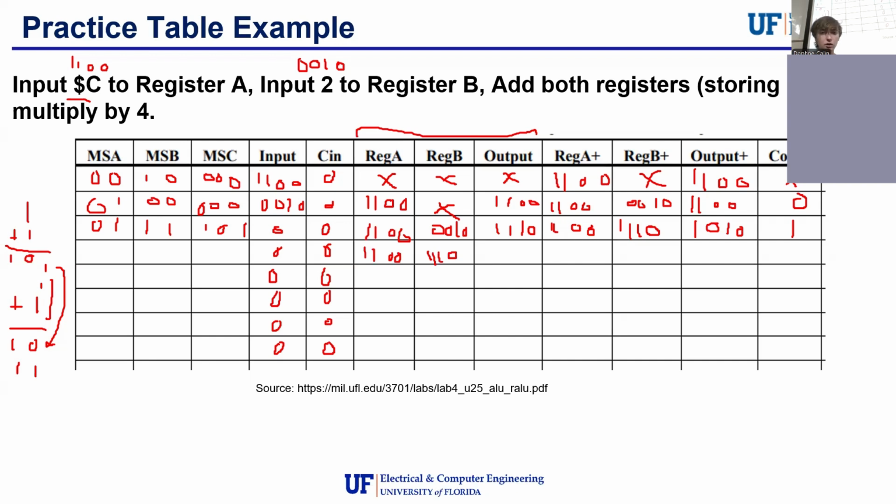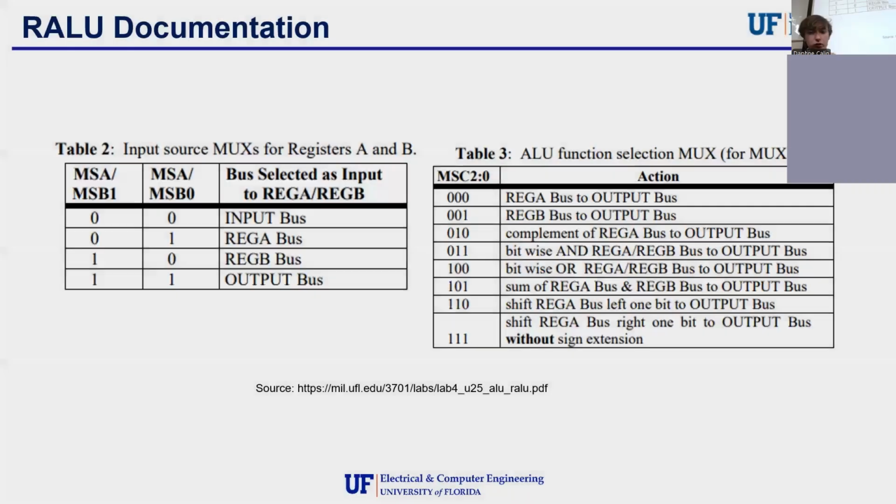And so now we want to multiply by 4. So let's erase this. If we look at the value, a shift left is equivalent to multiplying by 2.